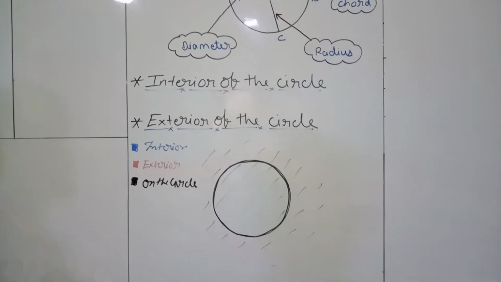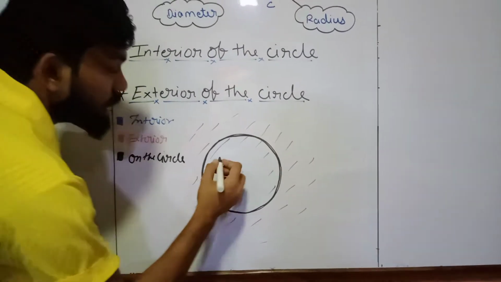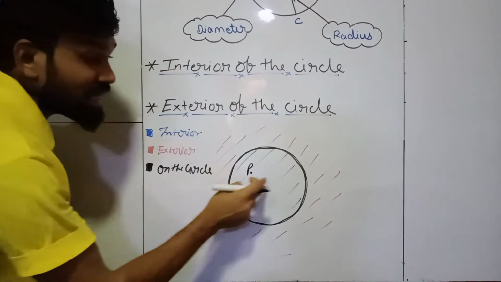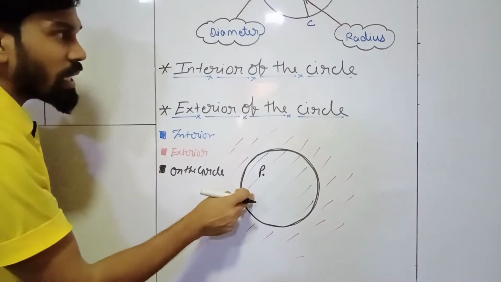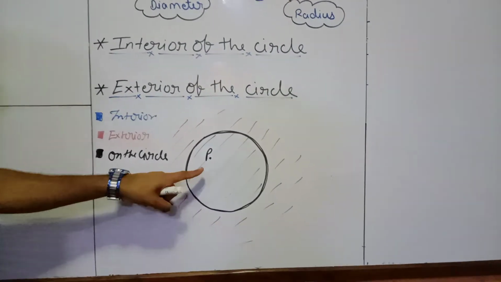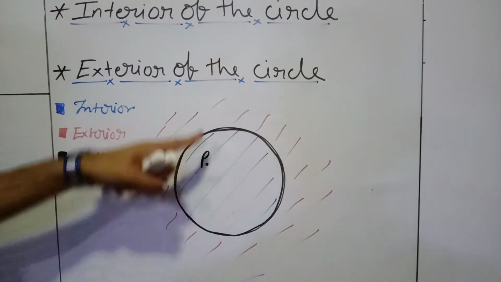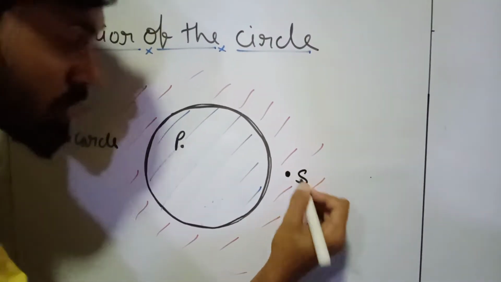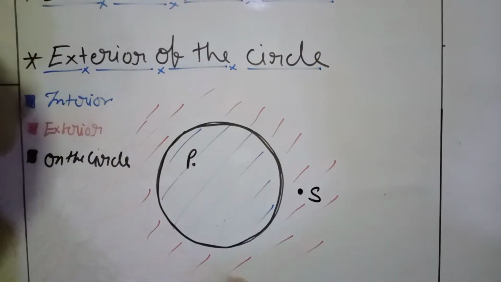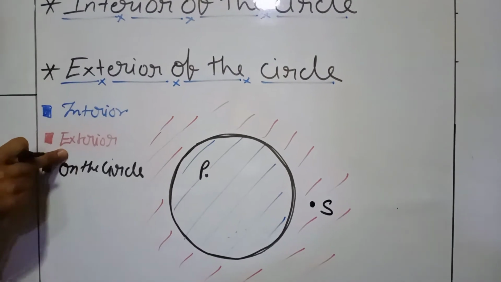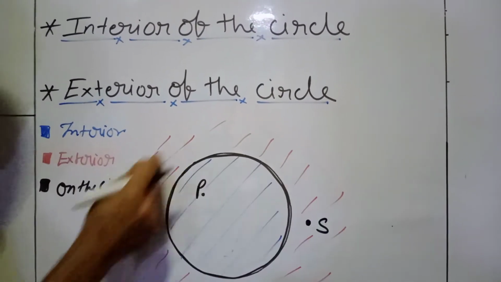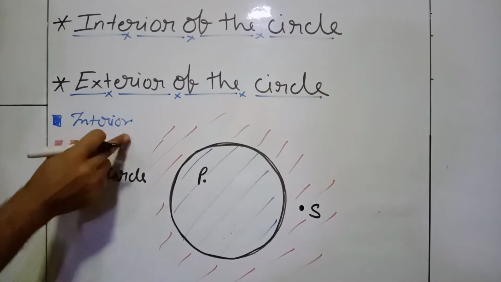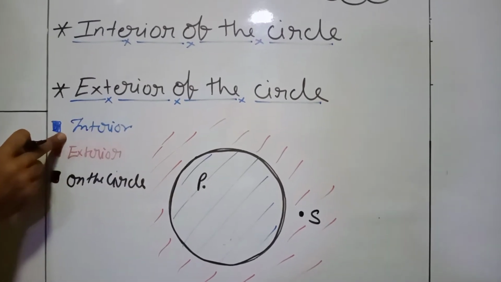So if we have any point over here like P, that is in the interior of the circle. Point P lies in the interior of the circle. If we have S here, S is in the red shade, so that is exterior. S lies in the exterior part of the circle, the same as P lies in the interior part of the circle.